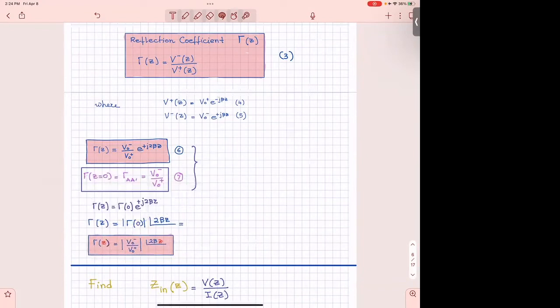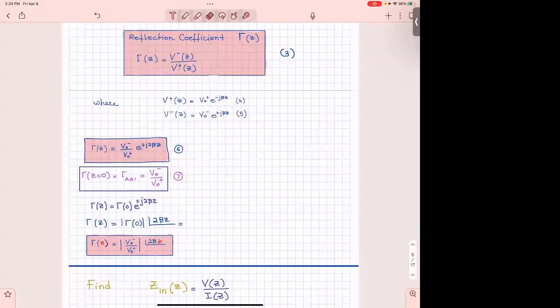Why am I doing it like that? Because this way, on this side, you have the reflection coefficient anywhere on the line, but in terms of the reflection coefficient in the front where the source is.